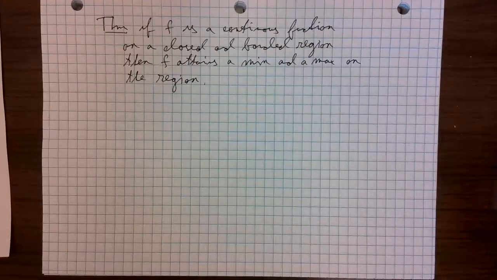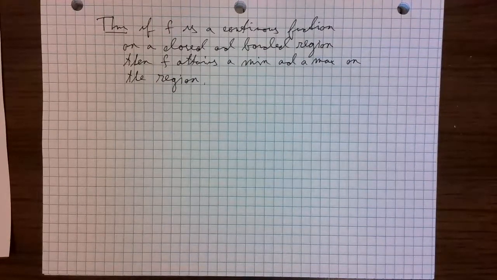And the minimum or the maximum could be inside, in the interior of the region, not on the boundary of the region, or it could be on the boundary. So it could be anywhere, but it has to be a closed and bounded region.